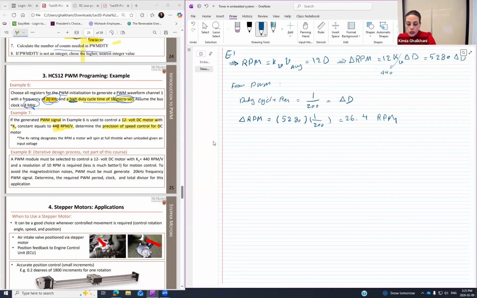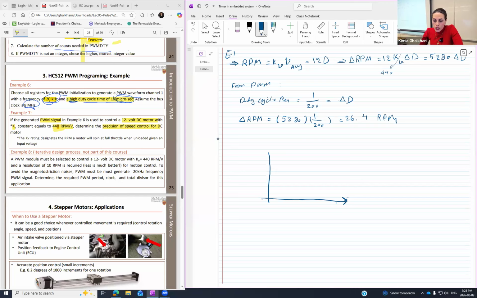Now let me draw it for you. What I said means this one. Remember maximum or V high. This is going to be my V high. It was 12 volt. This is my voltage. If maximum is 12 volts, and in here VL is 0, what does it mean? All of these calculations mean what?